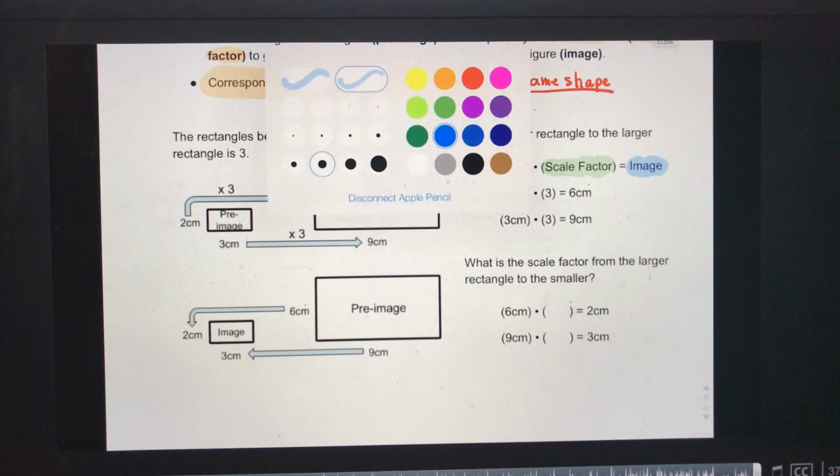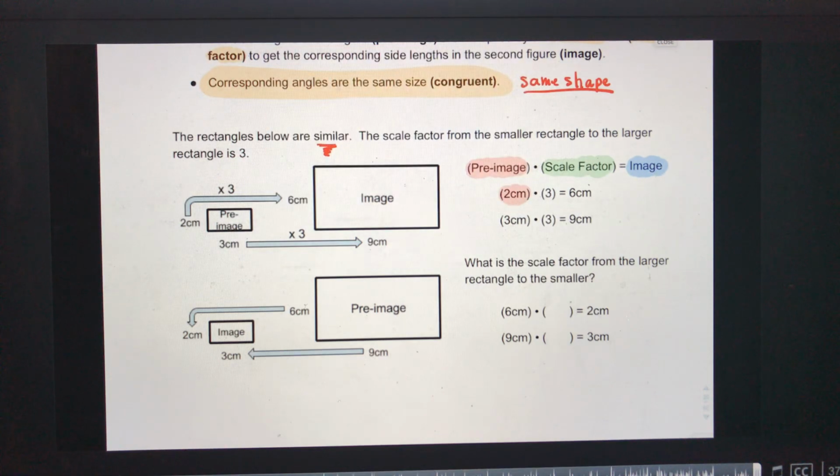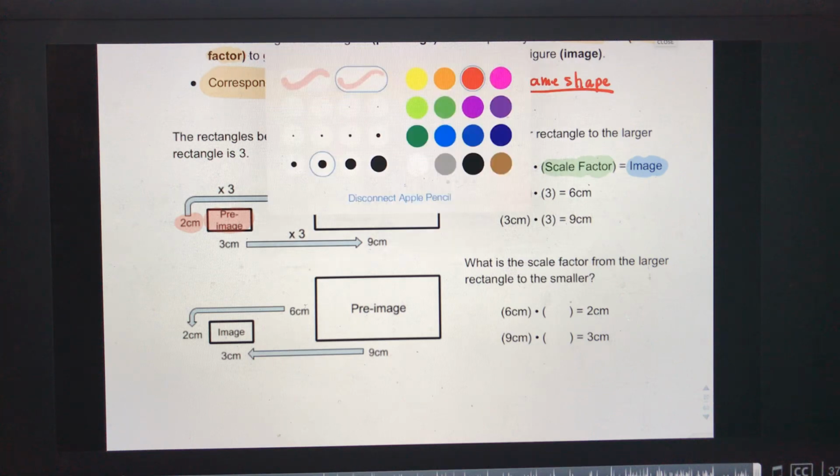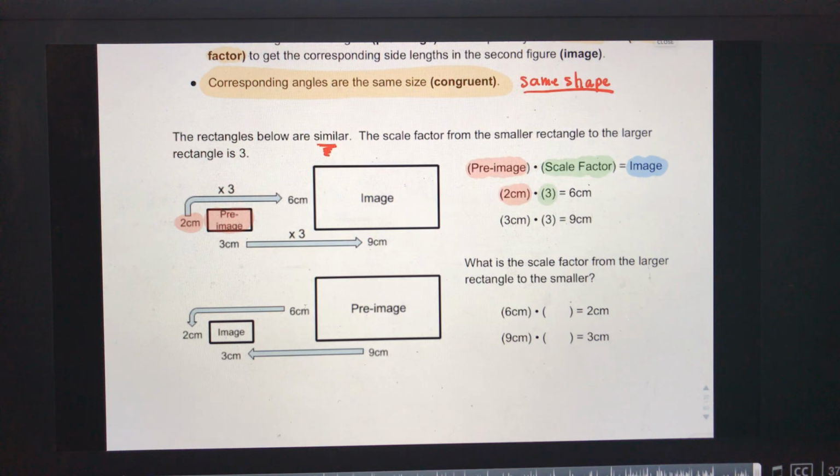This 2 centimeters came from right over here on the pre-image. Then they multiplied that by the scale factor, here's that times 3, and then they get the image value, which is 6. They're using the scale factor to get the value of the new one.